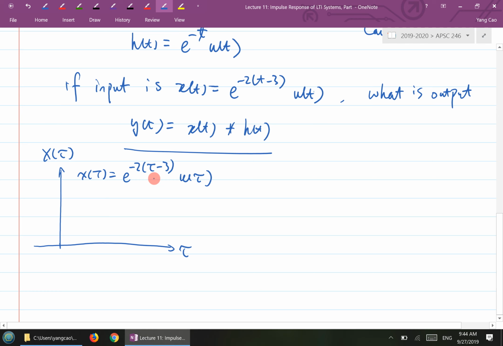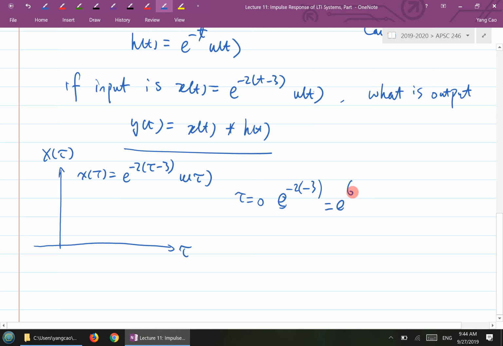One of the special points is you can always let tau equal to 0 and see what that value equals. When you let tau equal to 0, you get e to the power -2 times -3, which is e to the power 6.